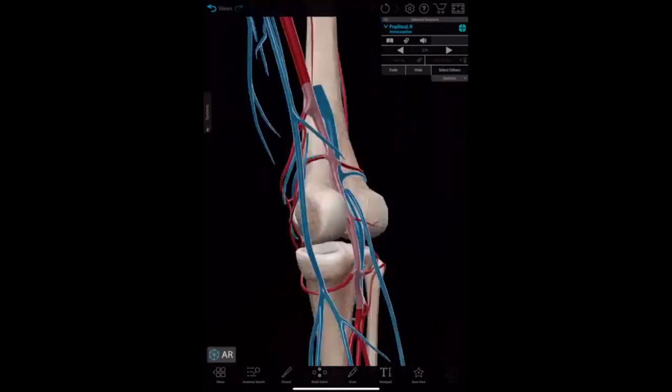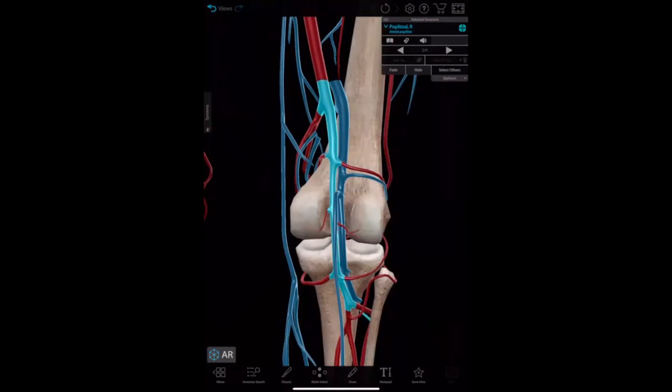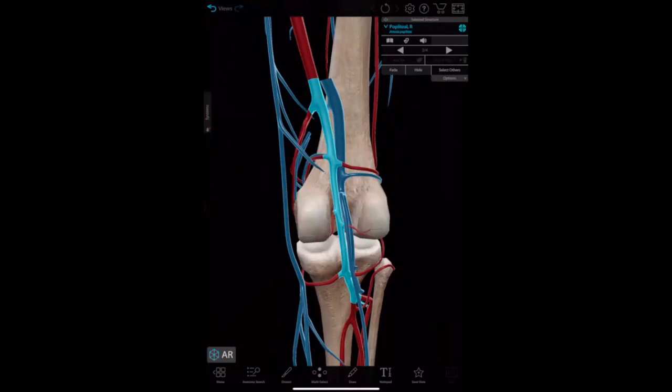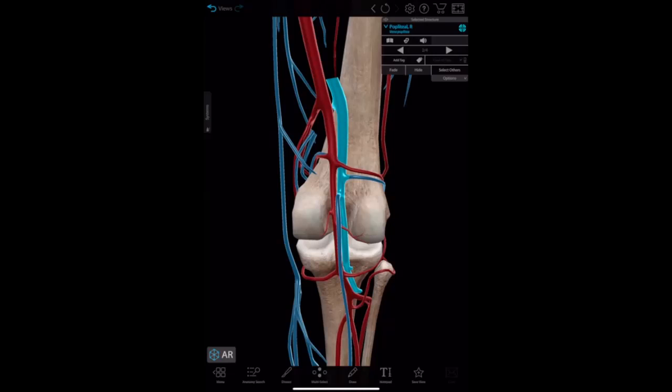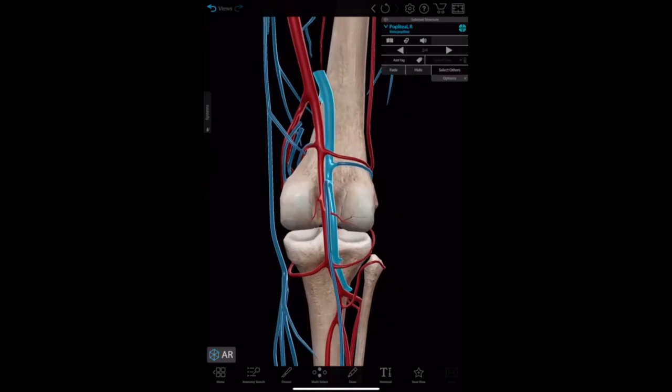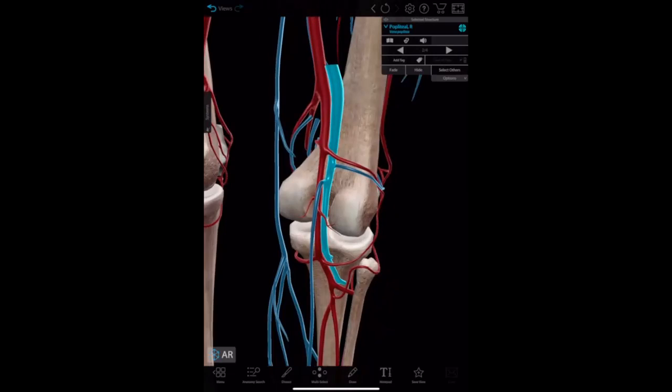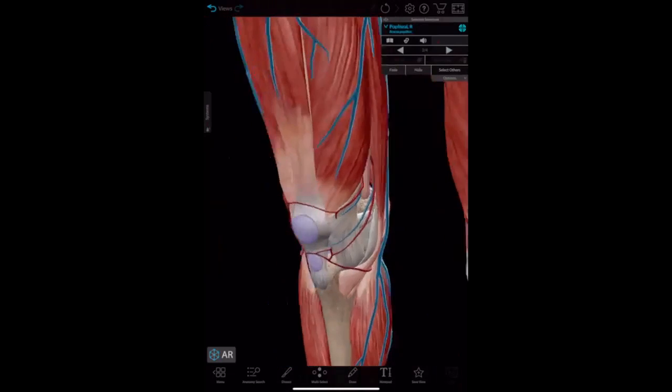Okay, you see, this is the popliteal vein, okay. Selected one is popliteal vein, and this is how it is structured within the popliteal fossa, right?